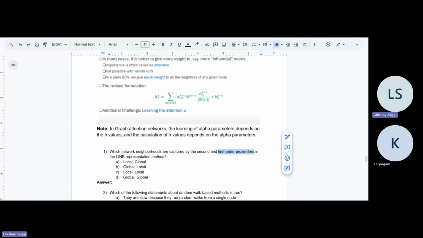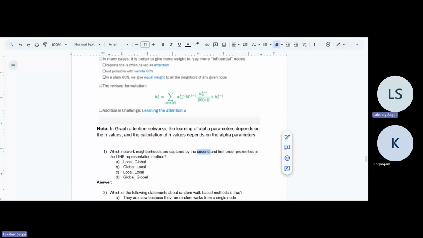In second order proximities, let's say there are two nodes U and V which may not be directly connected, but they have a lot of common neighbors. Then the LINE network says they should also be close to each other in the graph embedding.